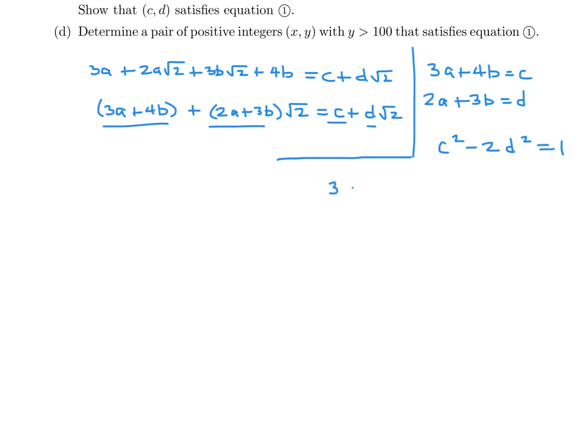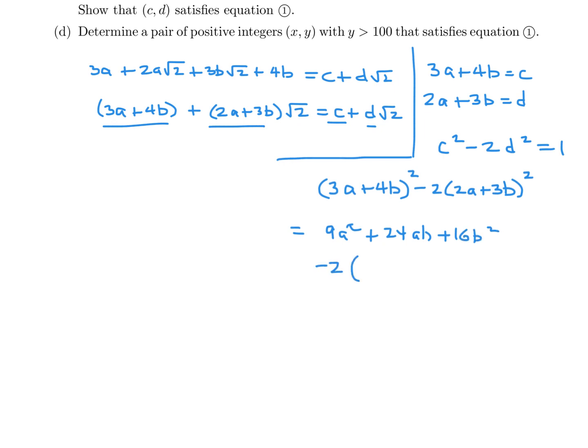So c is 3a plus 4b squared, and then minus 2 times d, which is 2a plus 3b squared, and we've got to show that this is 1. Okay, so expand it out, and we get 9a squared plus 24ab plus 16b squared, and then minus 2 times 4a squared plus 12ab plus 9b squared.